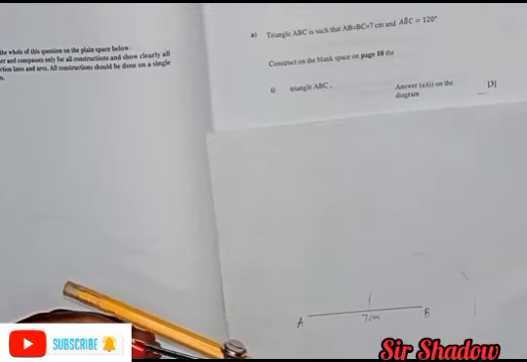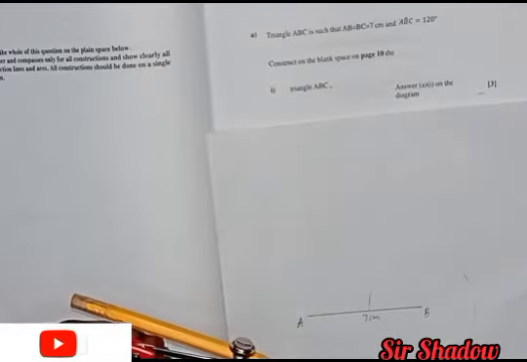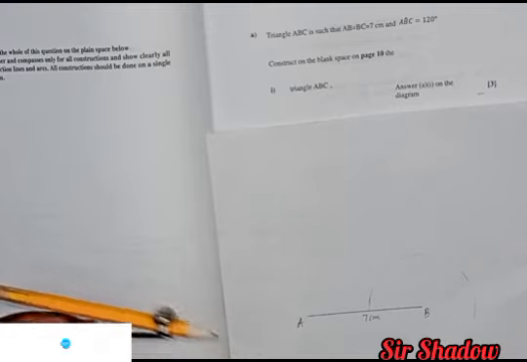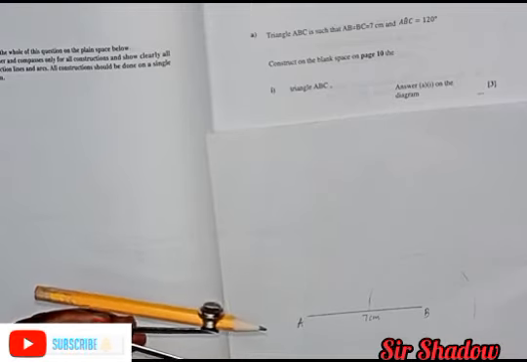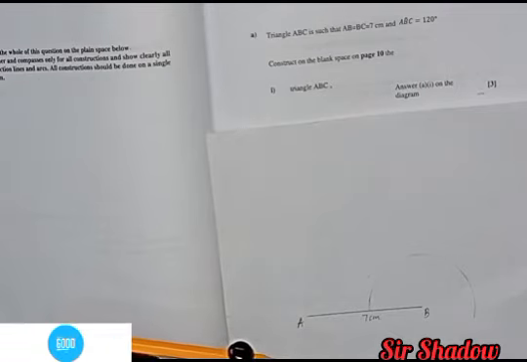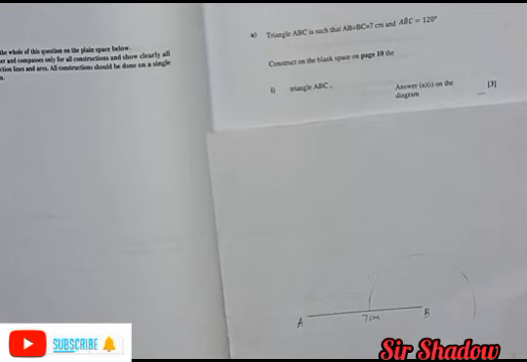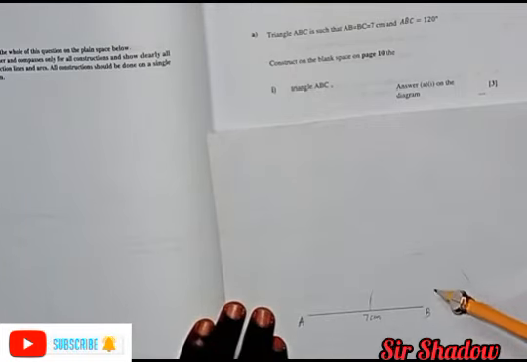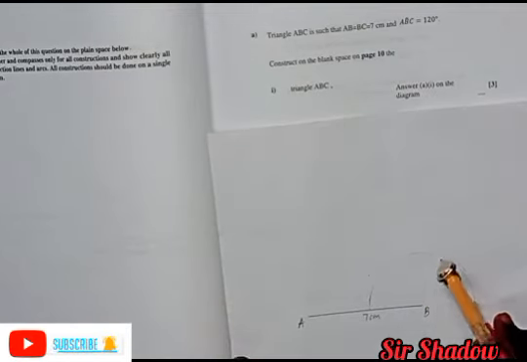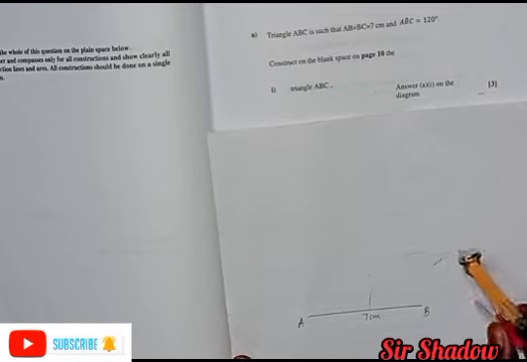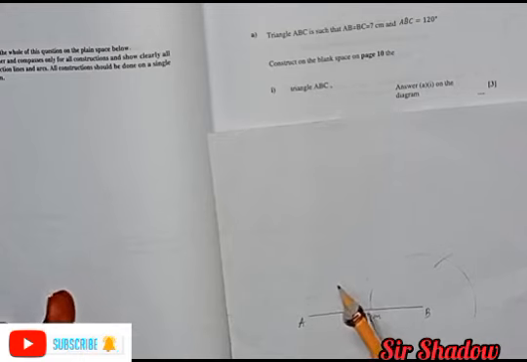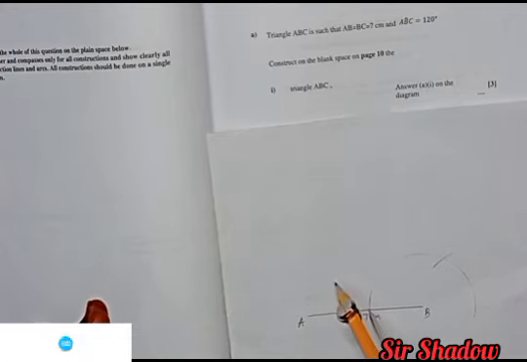Don't change the radius. We want to find the angle ABC, which is 120 degrees, and it is inside the triangle. Since we want 120 degrees inside, we have to attach here, outside. But if you want 120 degrees outside, you can attach this side.